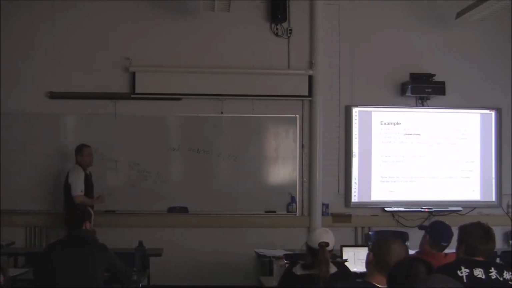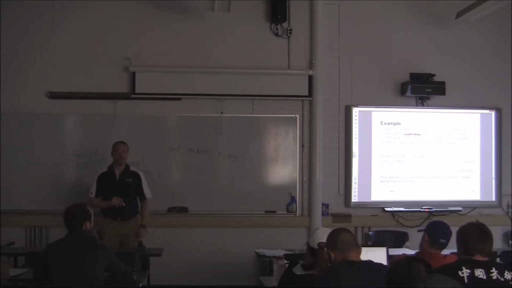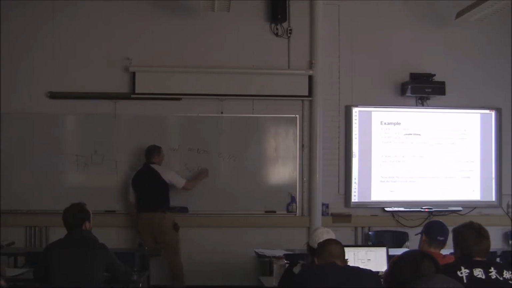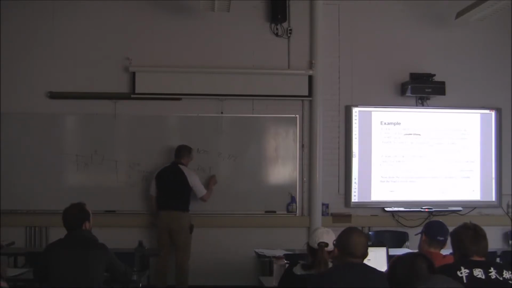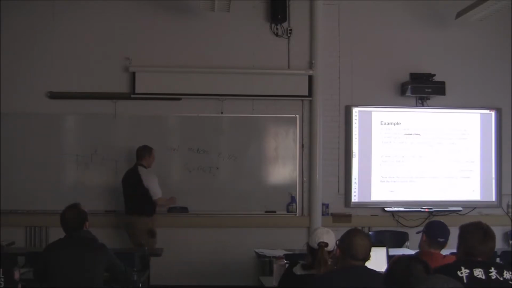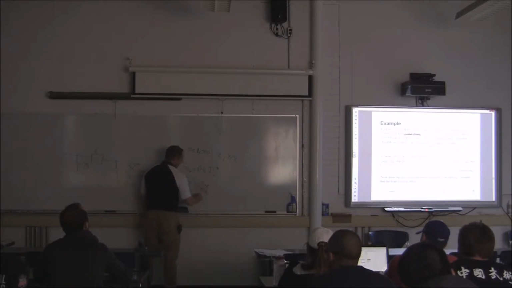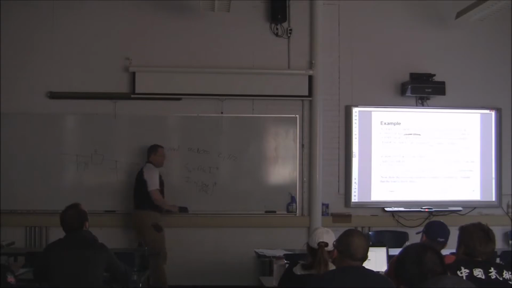Now, I need to solve for my current going to my load, or my receiving end current. And remember, S three-phase equals square root of 3 V line I line conjugate. So I line is equal to S three-phase divided by square root of 3 V line, conjugate.